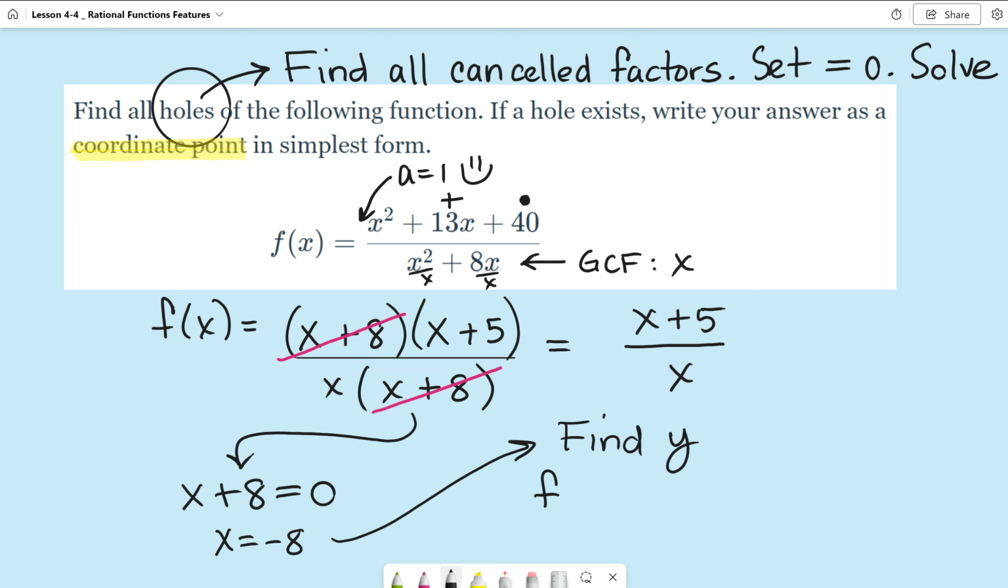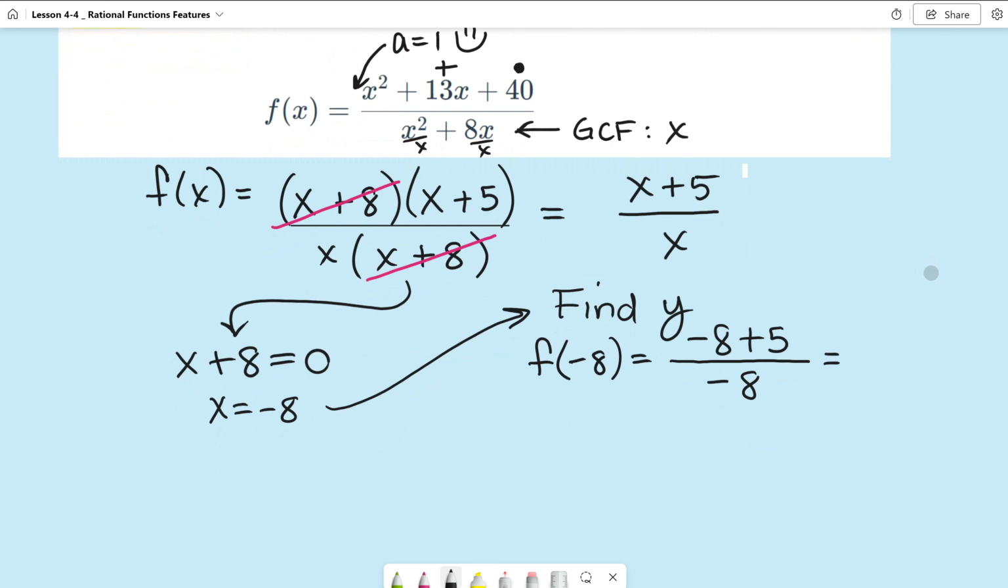So f of -8 is going to be that x plus 5 over x needs to replace every x with -8. So -8 plus 5 over -8 is going to give me, well, -8 plus 5 is a -3 over a -8, and those two negatives become positive 3/8.